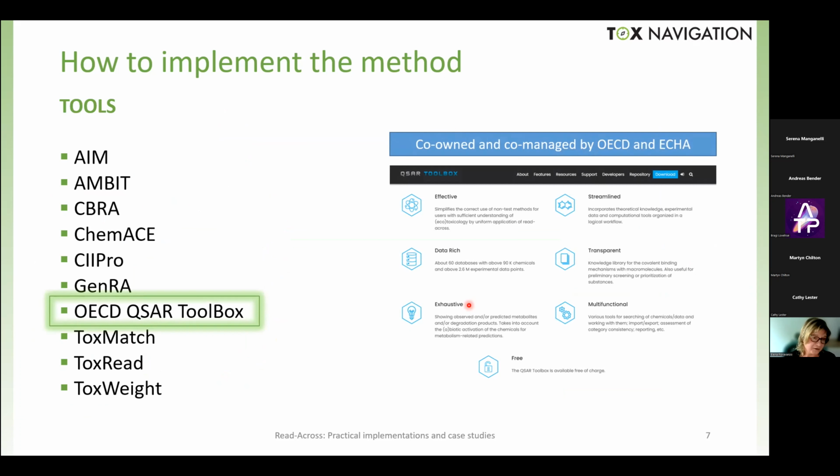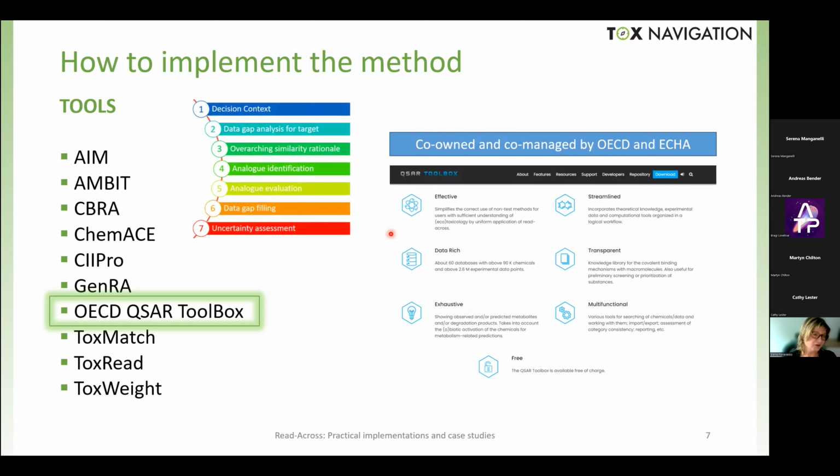And it is just difficult because it implements a lot of knowledge. This is a tool that is co-owned and co-managed by the OECD and ECHA. And I say that it is at the most advanced level of development, in comparison to the other ones, because it is able to address literally all the different steps. So you can carry out all the different steps in the Toolbox.